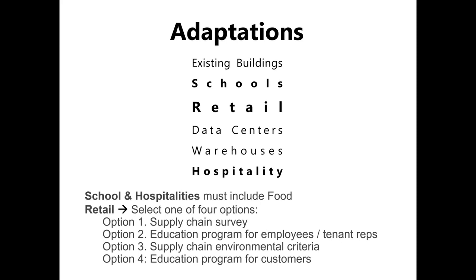And for retail, you have 4 options. You can do a supply chain survey. You can do an education program for employees, so really just providing education on what goes where in terms of the recycling program. Supply chain environmental criteria. And then lastly, an education program for customers.